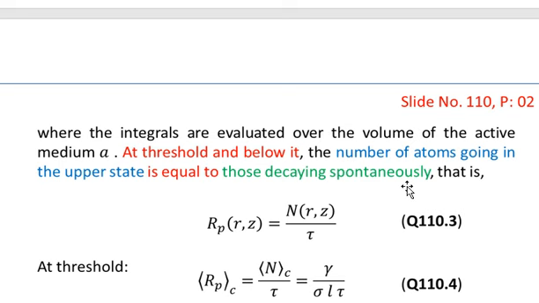All the decay of the population inversion will be through spontaneous emission, which we can show in equation number 3. That is, the pumping rate R as a function of r and z can be written as the equation that is responsible for the spontaneous decay. This is the spontaneous decay term, so we have n as a function of r and z divided by tau, where tau is the lifetime of the spontaneous emission process.